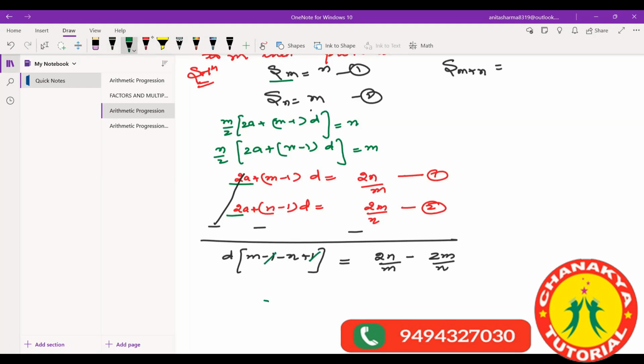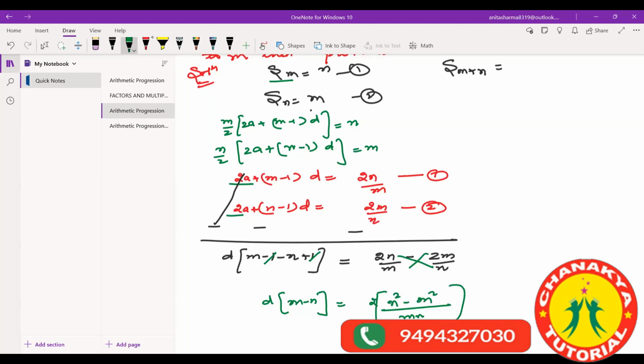The 1 cancels. Then d into m minus n will be equal to... now different denominators are there, so your LCM will be the product of these two. Cross multiply when denominators are different. So take 2 common, n square minus m square.